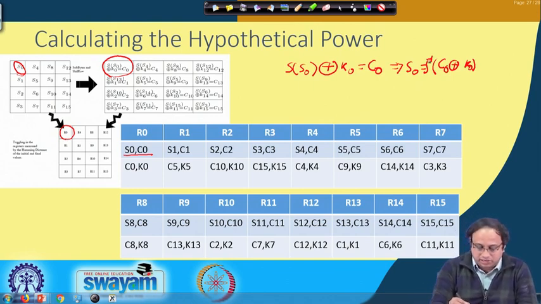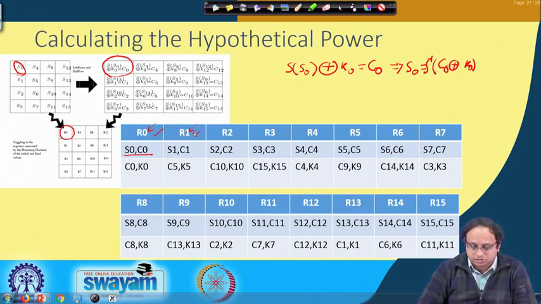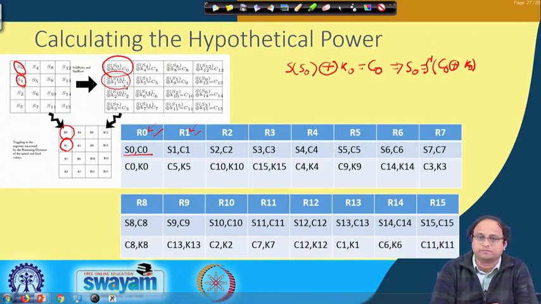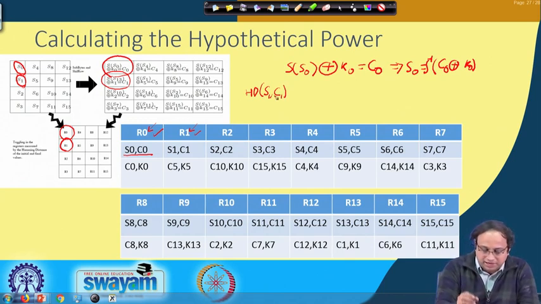On the other hand, this is fine for R0. If you are now targeting R1, for example, then you are basically targeting this. And now you can observe that you have to find out the Hamming distance between S1 and C1. But the content of S1 can be got from this byte, from C5.